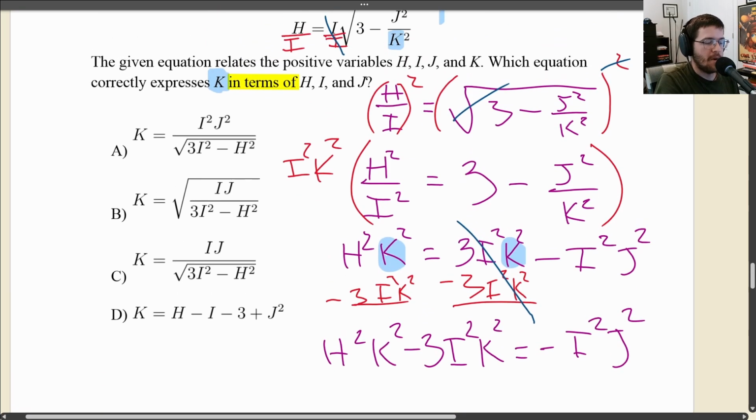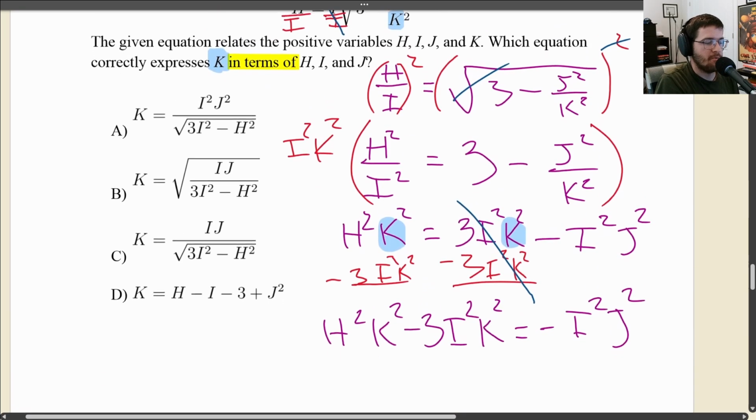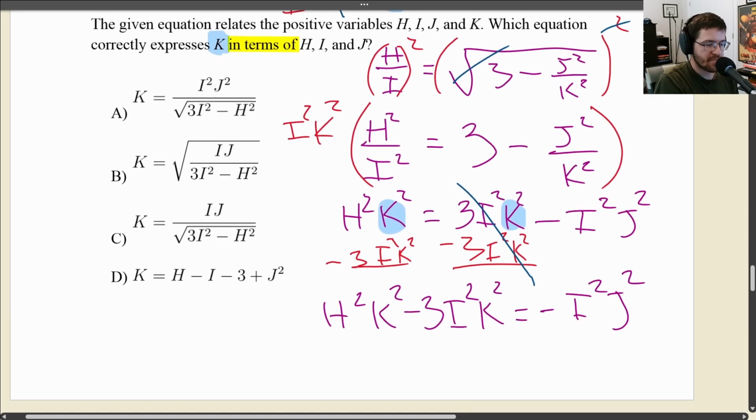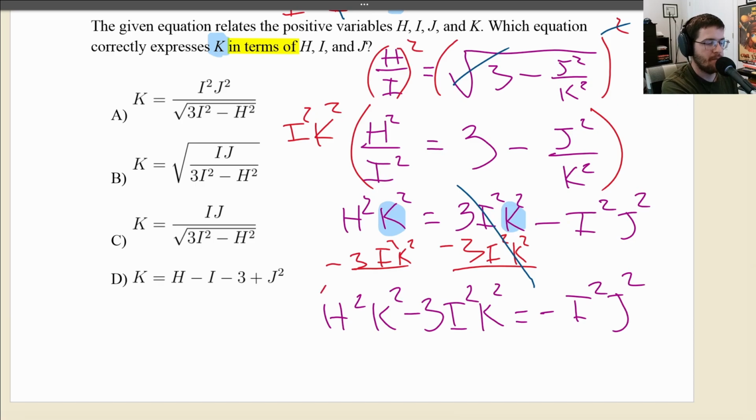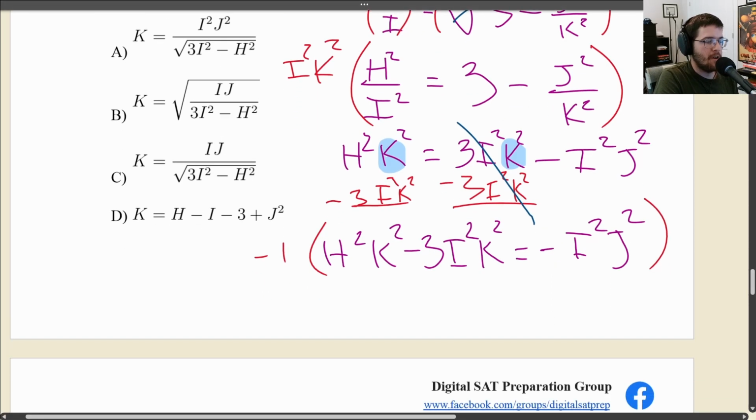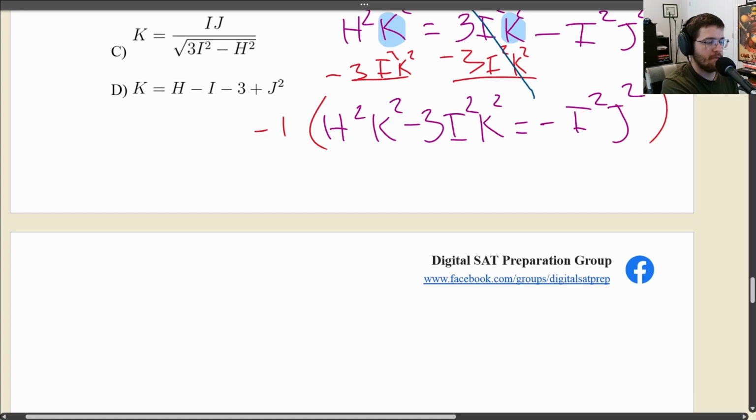Okay, and I'm really not going to want that negative there if I start taking square roots especially. So how about this? I'm going to multiply the whole thing by -1. This is the negative I'm talking about. So remember, I'll go down here. That would give us positive I squared j squared on the right.